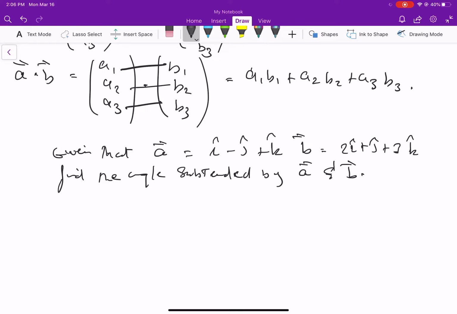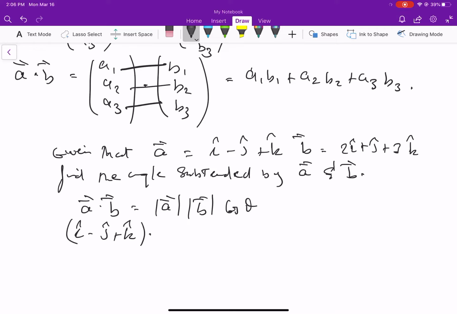Okay, so we will invoke the dot product. A dot B is equal to the modulus of A times the modulus of B times cos theta. So we put the two vectors side by side on the left hand side: I minus j plus k dotted with 2i plus j plus 3k. That must be equal to the modulus of the first one.